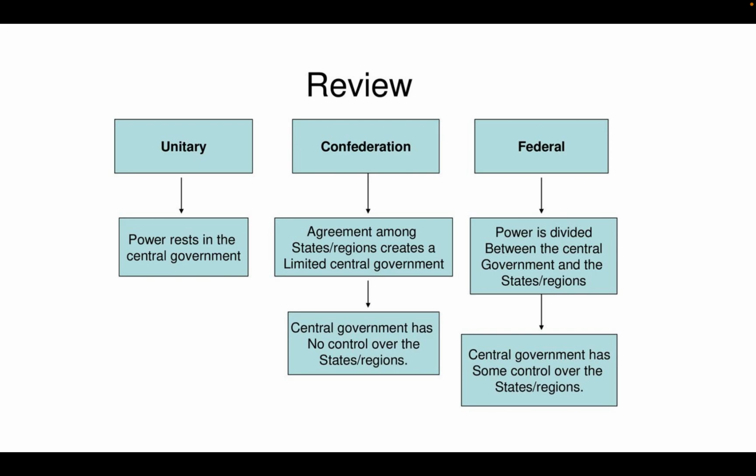Once again, if you have these conflicts, we need a tiebreaker. The Supremacy Clause is the tiebreaker, and it says that if there is a conflict between the national government and the state government, as long as it is a power that is given to the national government in the Constitution, the national government would trump the states.